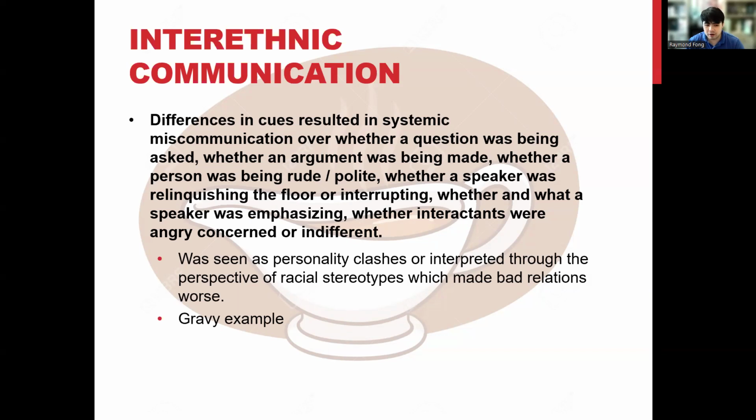So the example I have here is there's an Indian woman and she's serving gravy, right? What ended up happening was, because this Indian woman does not understand the linguistic standards of the UK or Britain, she would serve gravy in a certain way that was interpreted as impolite, right? So if in American English I was to serve you gravy, I'd be like, gravy, right?